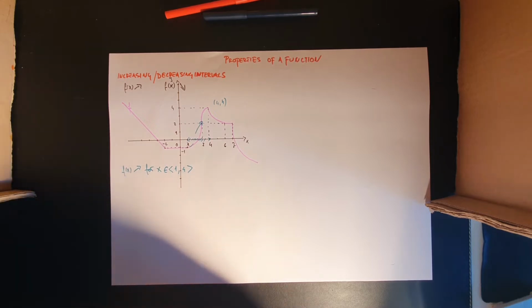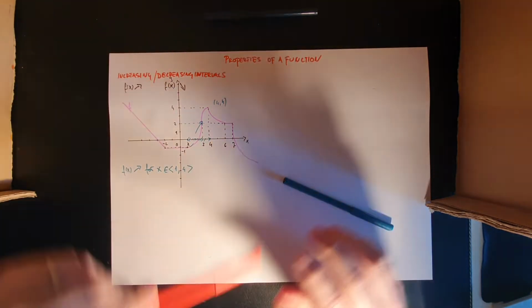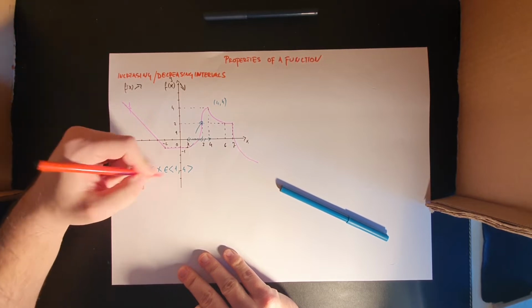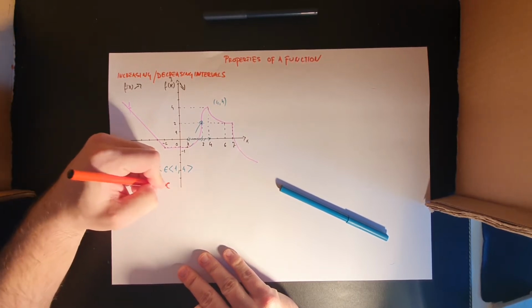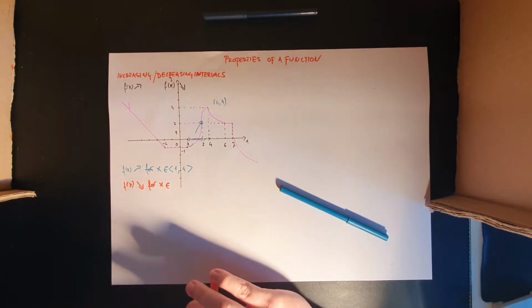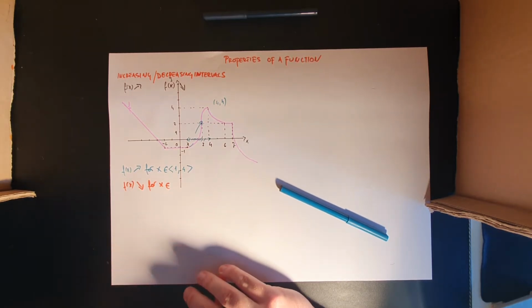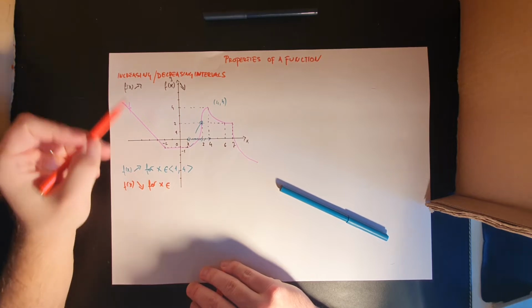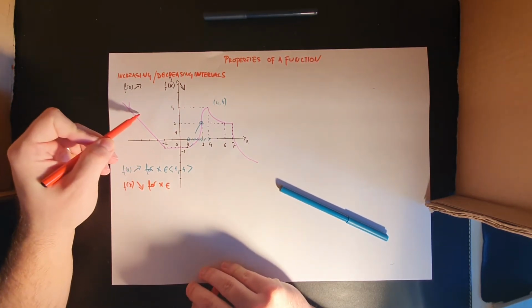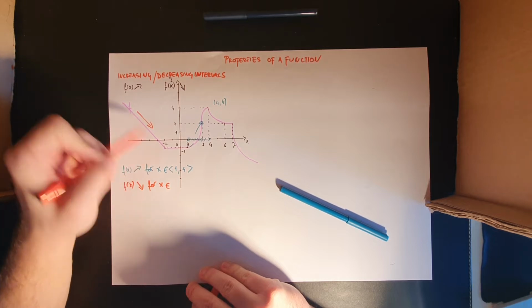Now, of course, we can look at the other situation, that is the decreasing situation. So f of x are decreasing for x element. When we talk about the intervals, we want to start from the beginning, from left to right. If you take a closer look, there are a couple of situations where the values of the function are decreasing. So first we have this part of the graph.